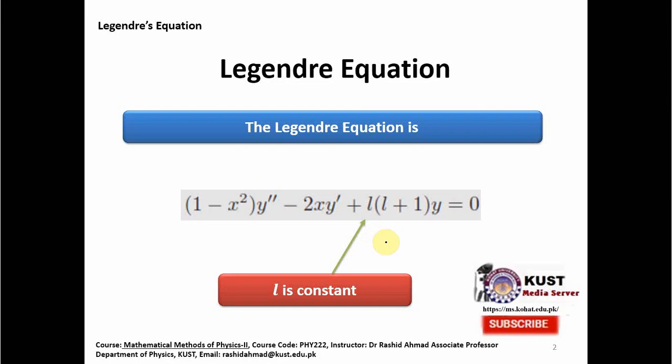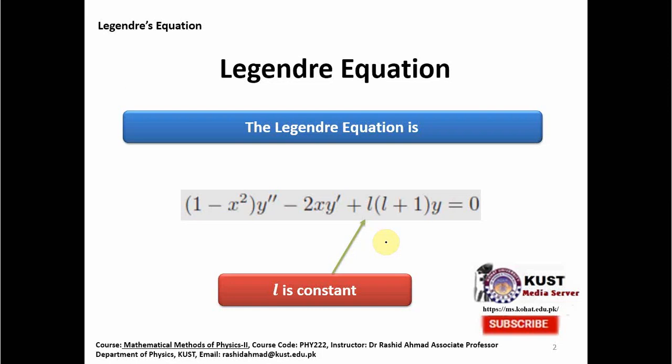It is actually used in spherical symmetry. In the problems where geometry is spherically symmetric, we use this equation, and usually we write this equation in terms of spherical coordinates. But even if we don't write it in spherical coordinates, we can use it in a variety of physical problems.